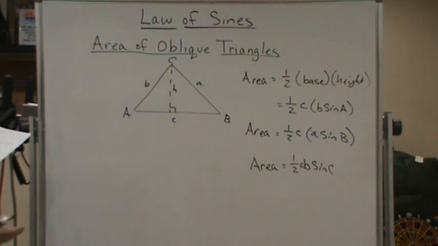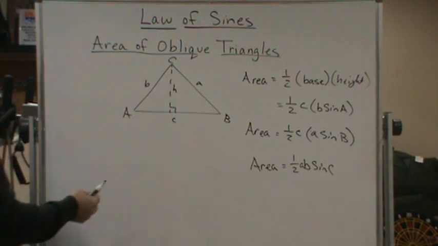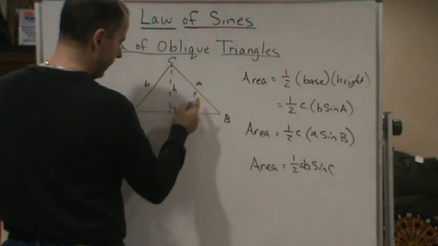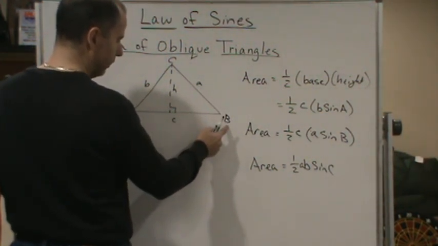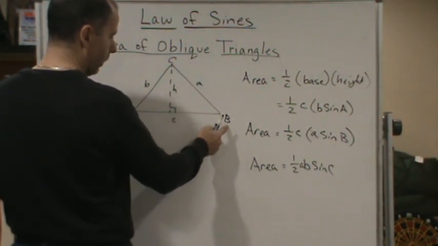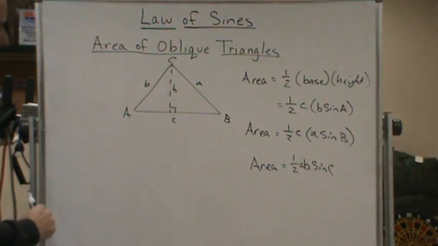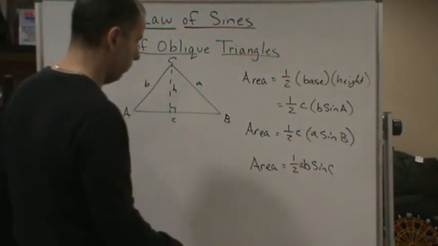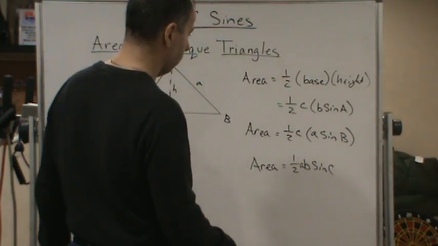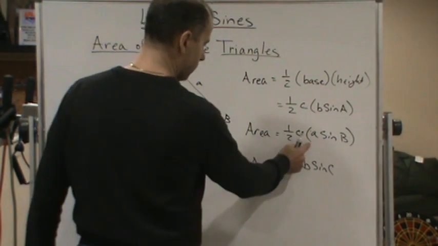Okay, so if we know these two sides and B, then it's going to be 1/2 AC times the sine of B, which is this one.